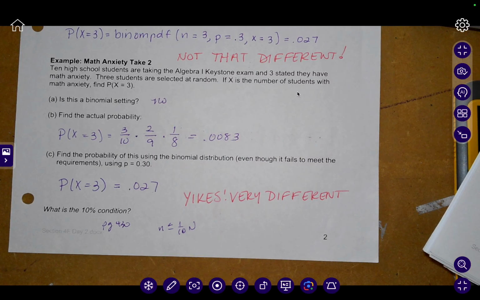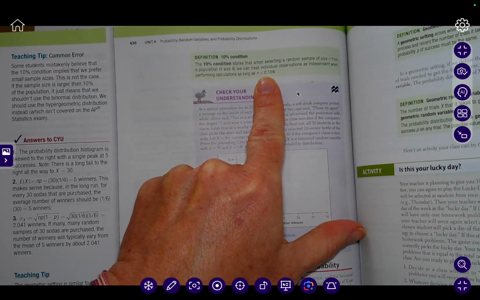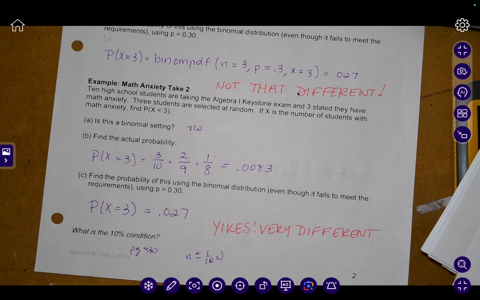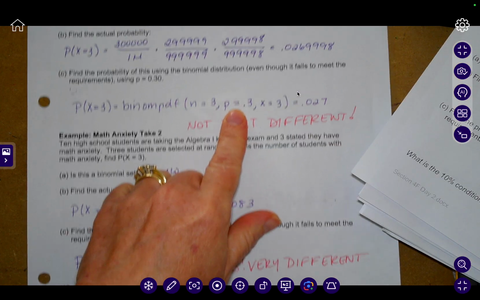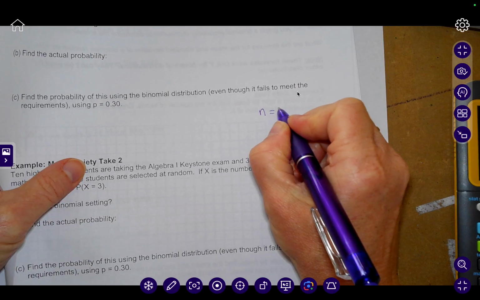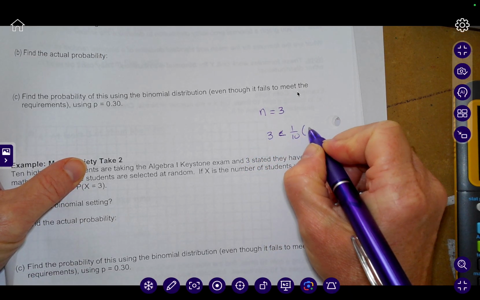The 10% condition tells us that if our sample is less than 10% of our population, then we can treat the individual observations as independent. In the first example, our n was 3, which is much less than 10% of 1 million.